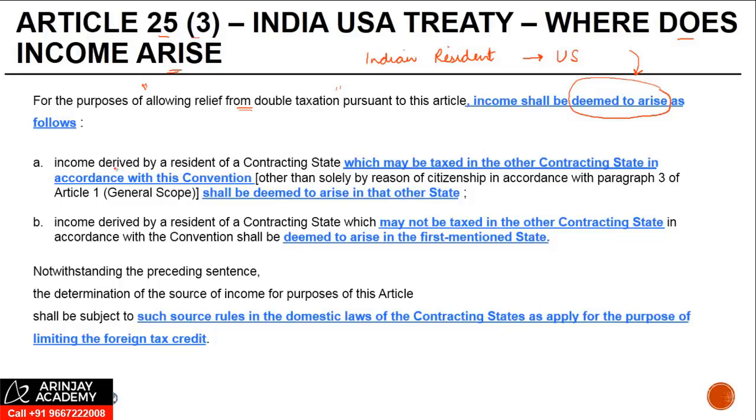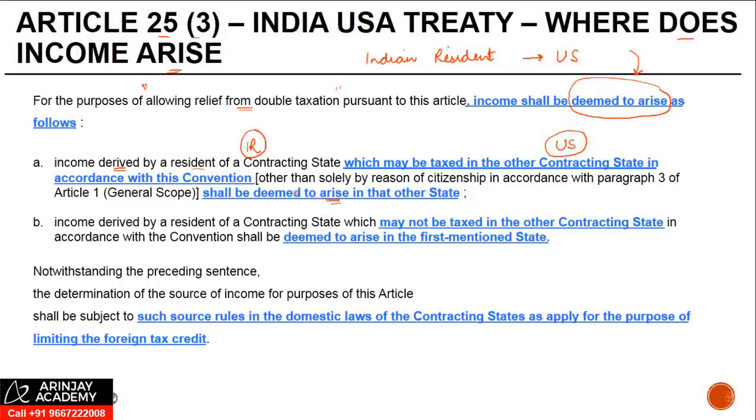Income derived by a resident of a contracting state, so an Indian resident, which may be taxed in the other contracting state, which is the US, in accordance with this convention. So if there's an Indian resident who gets some income which, applying the relevant treaty clauses, may be taxed in the United States, other than solely by reason of citizenship in accordance with paragraph 3 of Article 1, shall be deemed to arise in that other state.